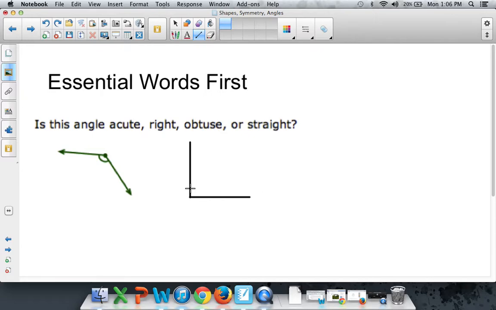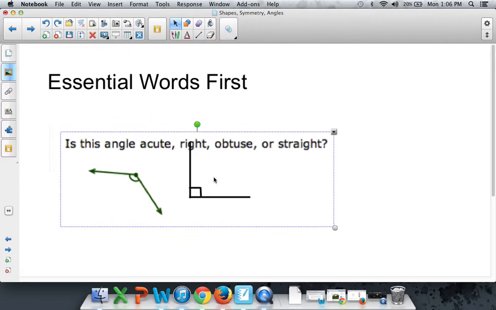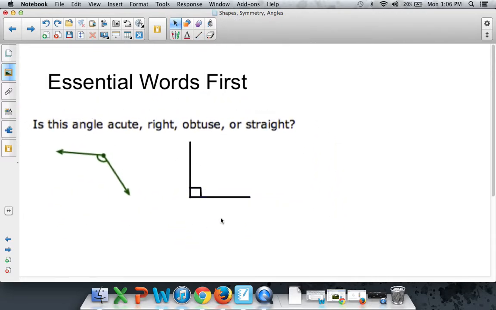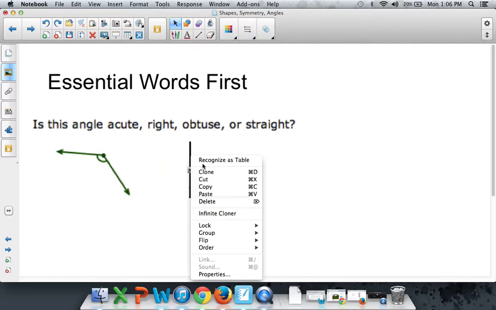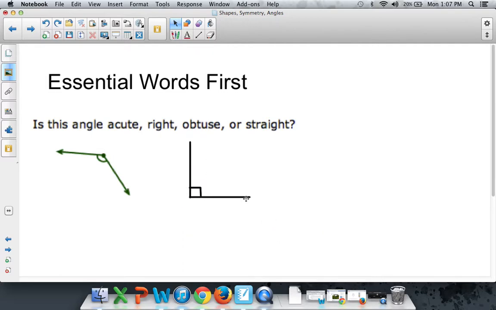A right angle looks just like this. It's almost like a little L, and it doesn't matter if you turn the L. What matters is that it is an L. And it doesn't matter if it's turned left or right or whatever.